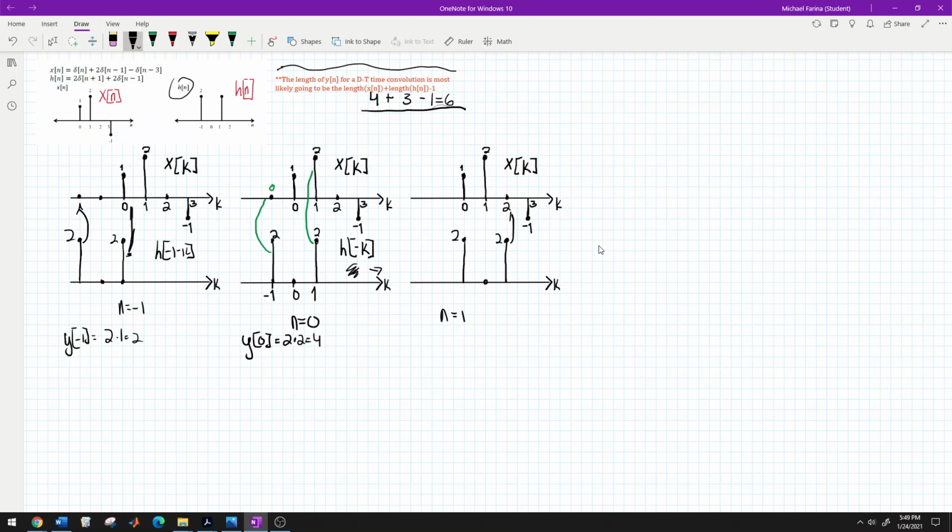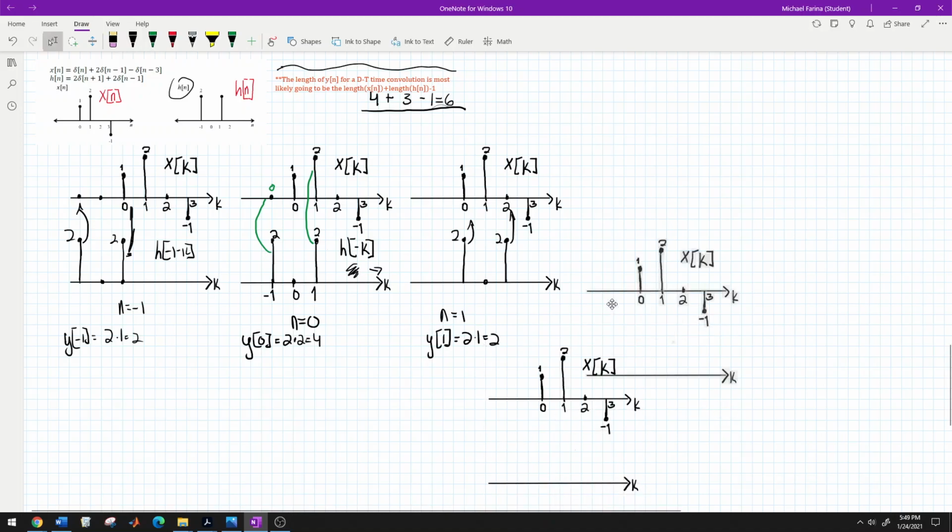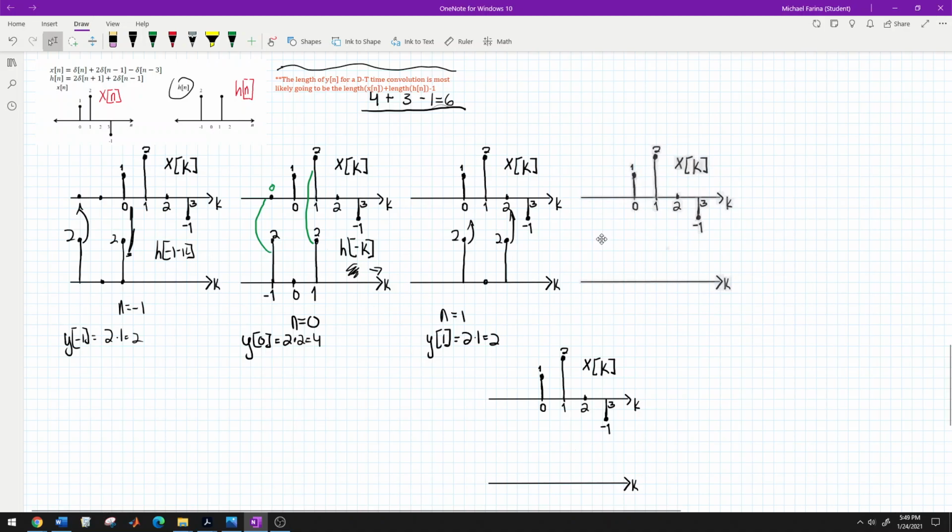This one is multiplying by a 0. This one's multiplying by a 1. So we get y of 1 is equal to 2 times 1 equals 2. And we just keep going until we've covered all the signals.